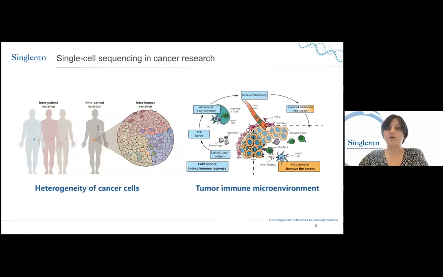Single-cell sequencing is also important for studying the tumor immune microenvironment. If you're interested in understanding the interplay between the immune system and the cancer cells, single-cell sequencing provides valuable insights on the gene expression of immune cells that might not be the predominant cell type in your tumor immune microenvironment.